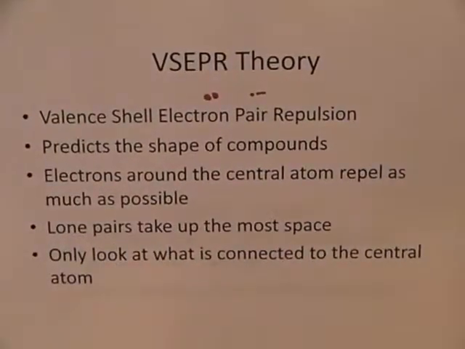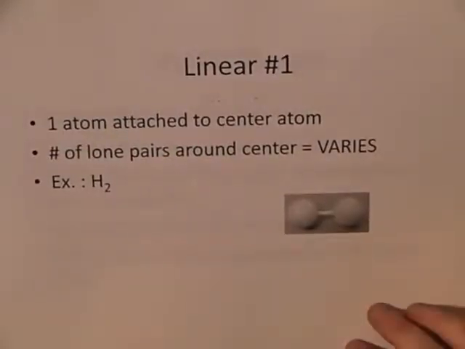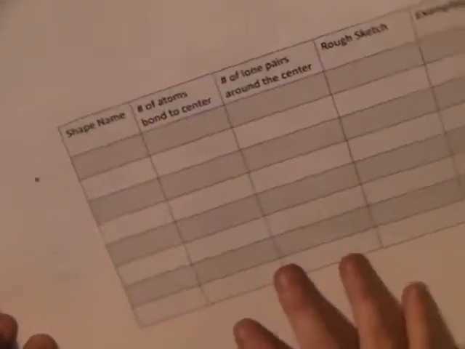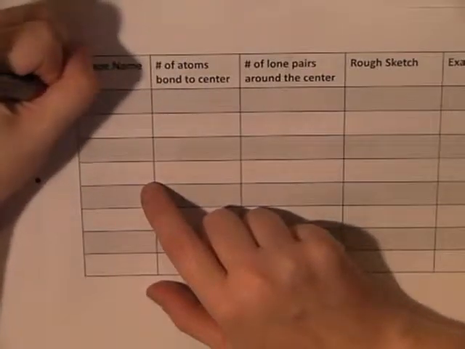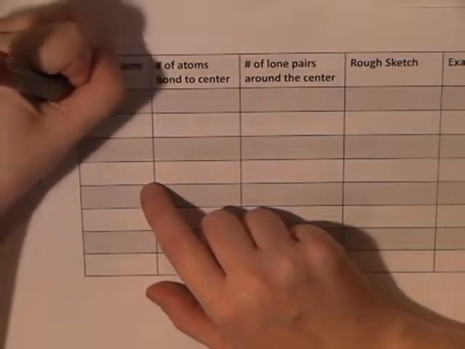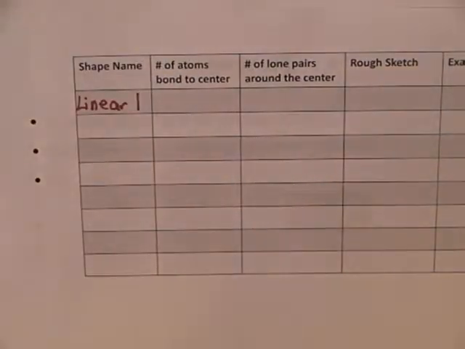So this is what I should do. Instead of stacking them, I need to have them off to the side. Okay, so first one is called linear number 1. And linear number 1 is going to go in this first shape name box. Okay, they're going to be separate, linear number 1 and linear number 2. All right, so linear 1. I'm gonna write with a fine tip marker.